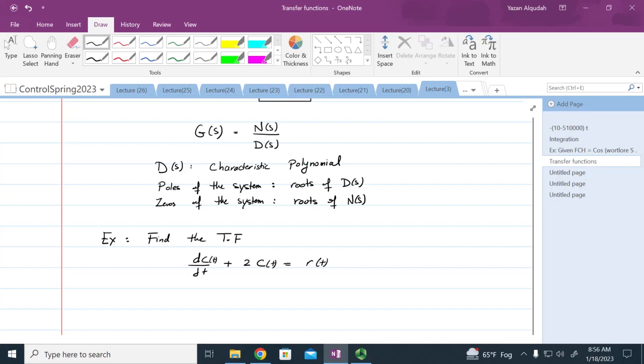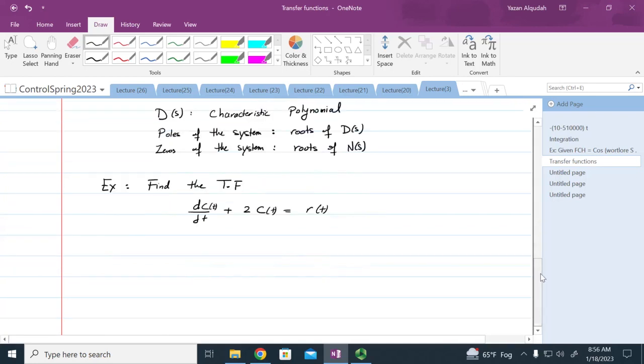Now I want the transfer function. How do I get the transfer function? I take the Laplace, yes. So I'm going to take the Laplace transform.